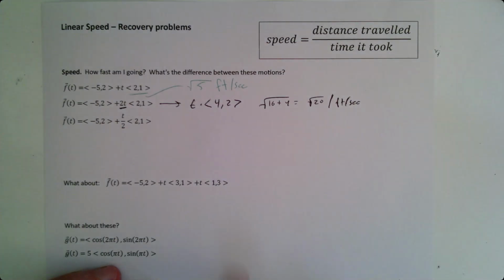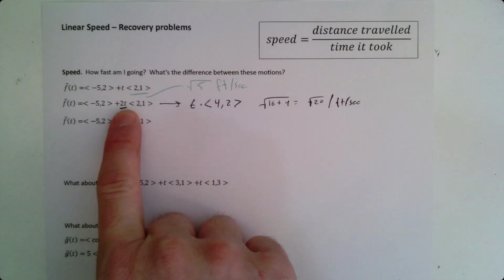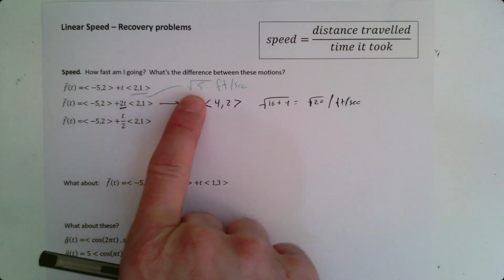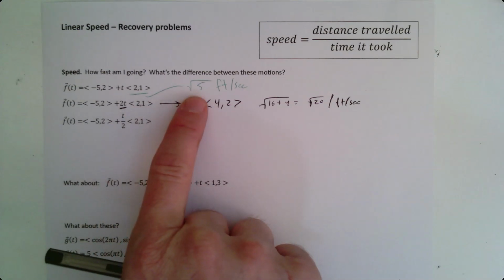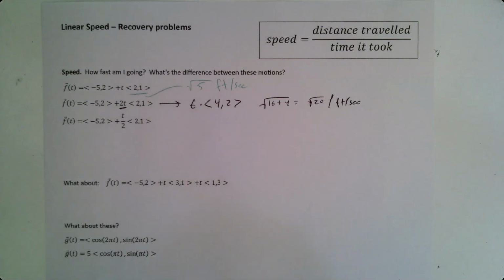A different way of thinking about it is every time t goes up by 1, I am moving along 2 of my original vectors. So if I'm moving 2 of my original vectors, I'm moving twice as far as if I just did 1 vector. So if I'm moving twice as far in the same amount of time, I must be moving twice as fast.